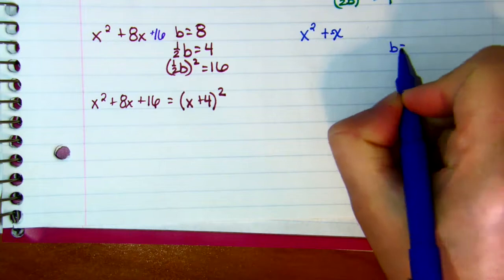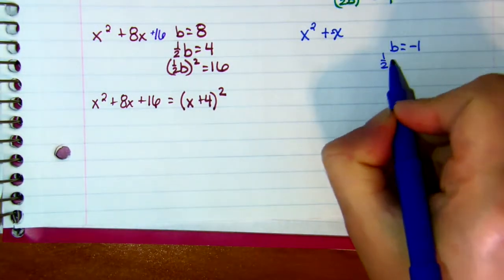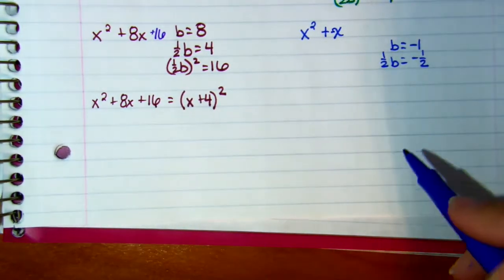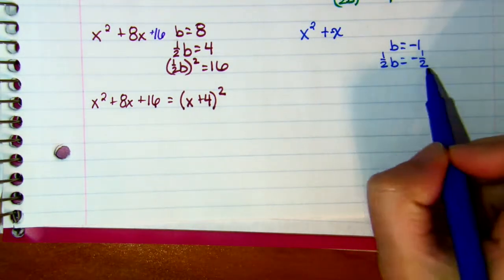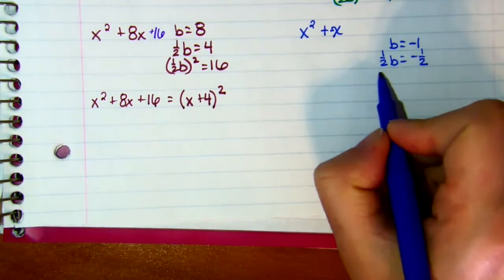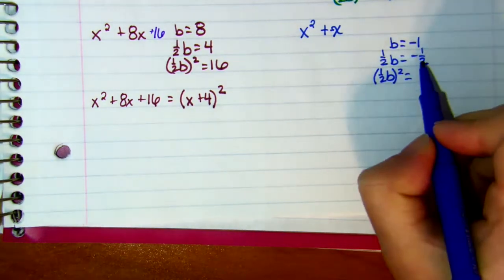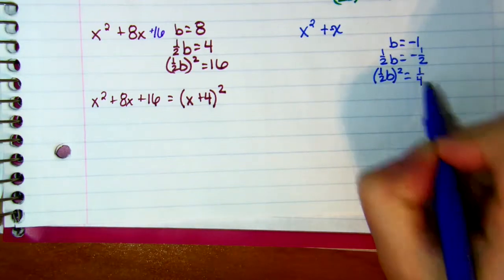In this case though, b is negative 1. So half of b is negative 1/2. And for these, leave them as fractions. Don't bother turning them into decimals. So we take half of b, we have negative 1/2. Half of b squared then is negative 1/2 times negative 1/2, or positive 1/4.